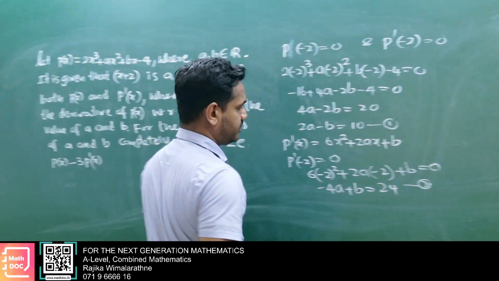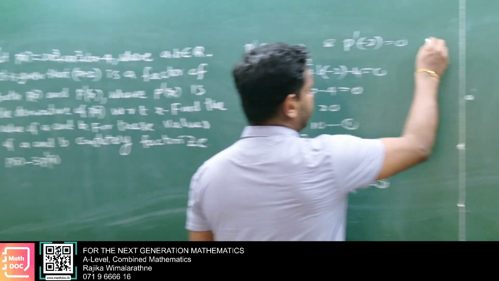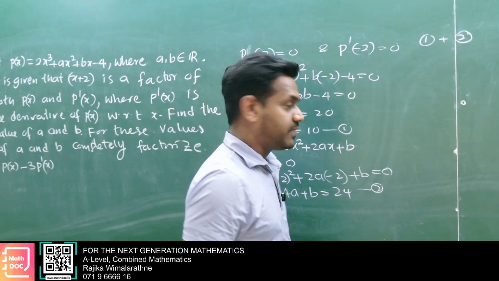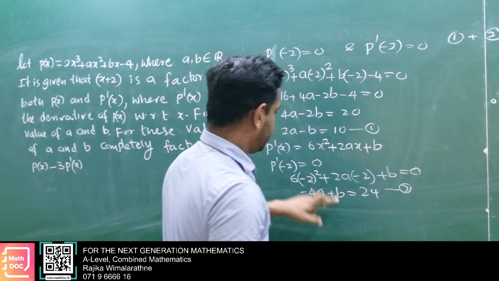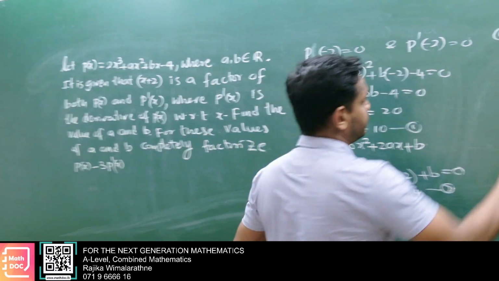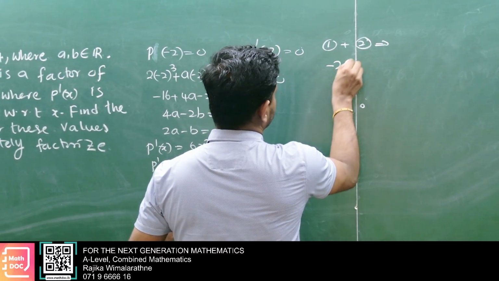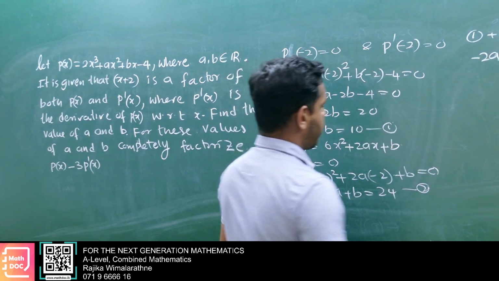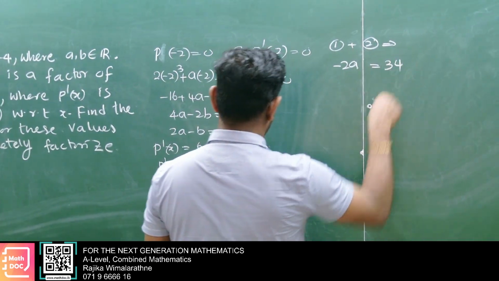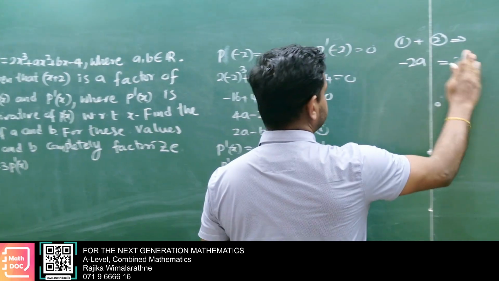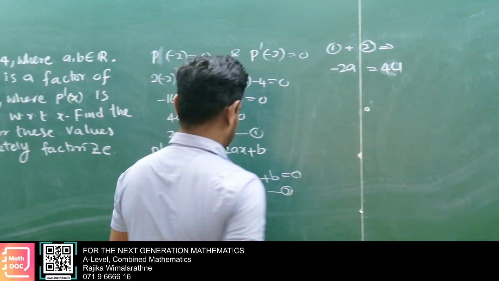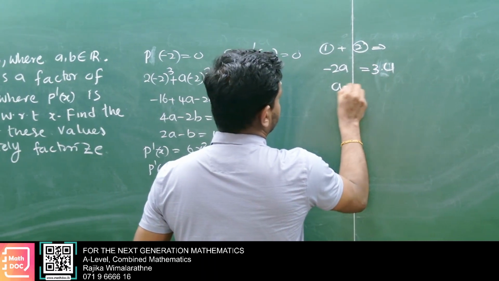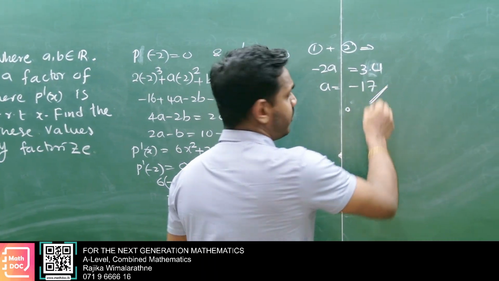Then simultaneous equations: 1 plus 2. Then b cancels, −2a = −14.